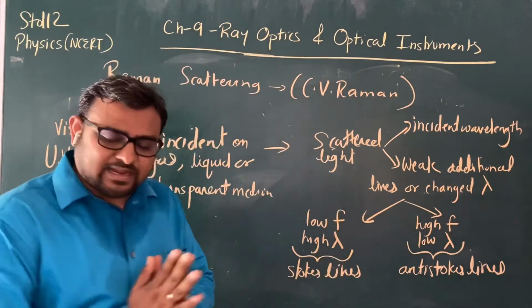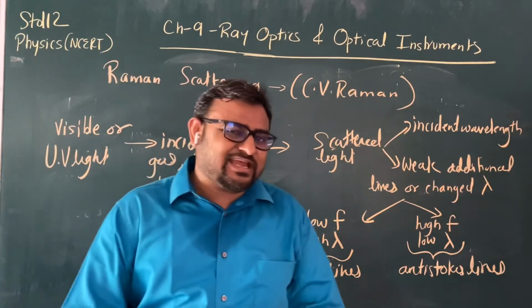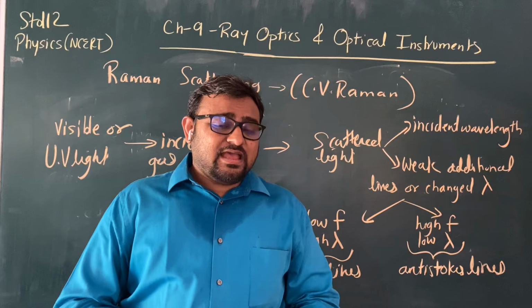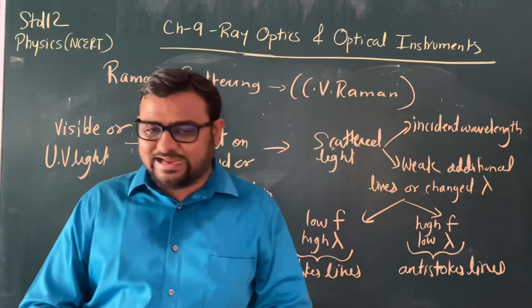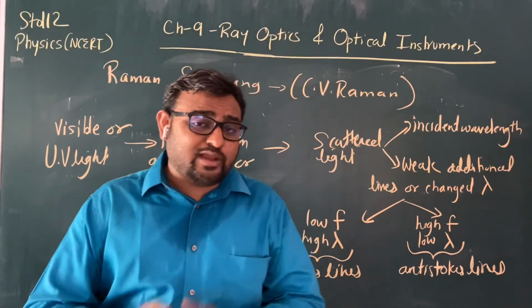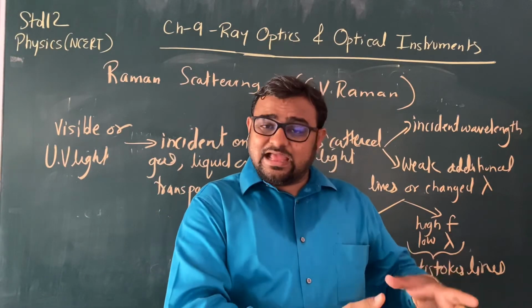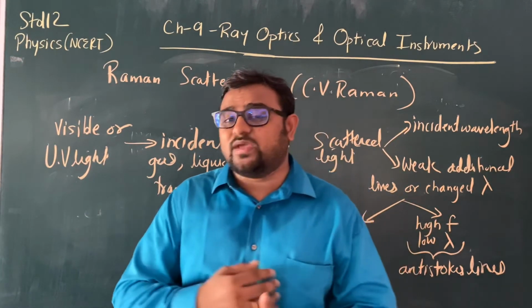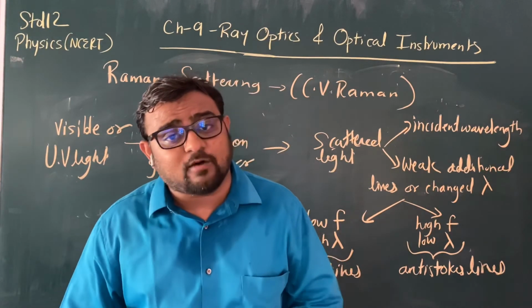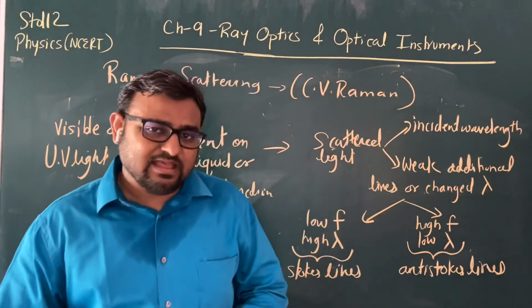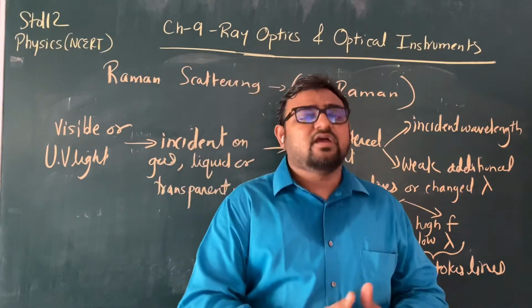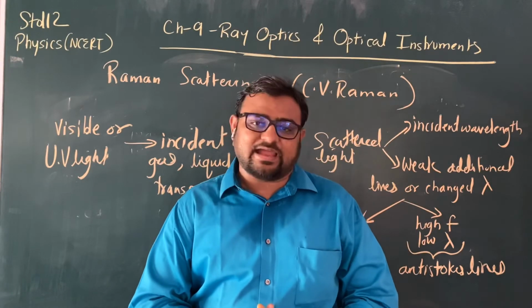He observed that when light is incident on a gas or a liquid or a transparent medium, then the scattered light has the wavelength of the incident light as well as some weak additional wavelengths, other than the incident light. It may be of higher frequency or lower frequency compared to the incident light, right?